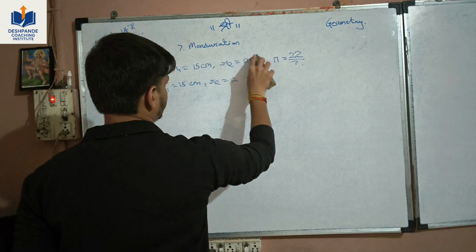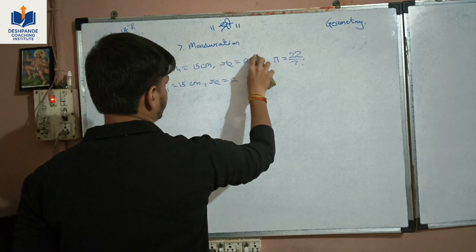So capacity of the bucket: capacity of bucket is equal to volume of frustum.